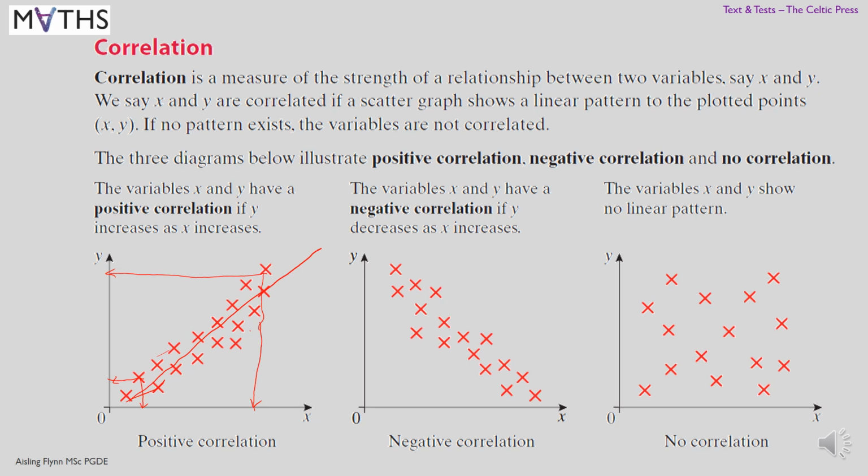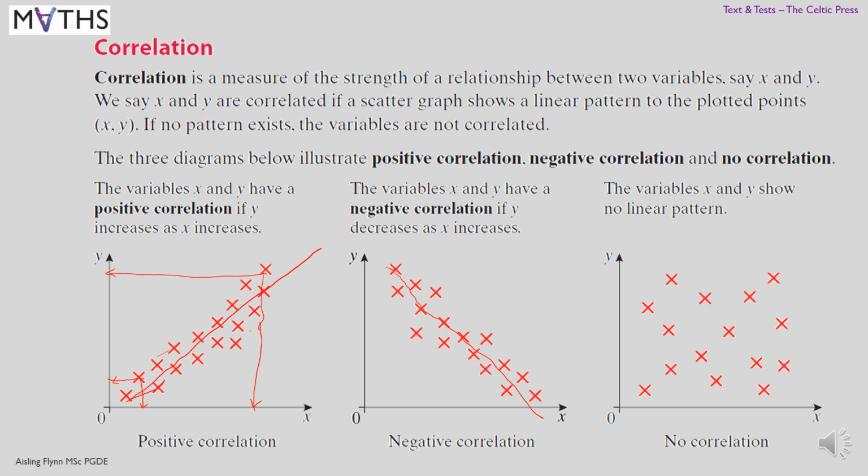The variables x and y have a negative correlation. If y decreases as x increases. So here we do see a pattern for sure. And I could approximate it by drawing a straight line through the data there.